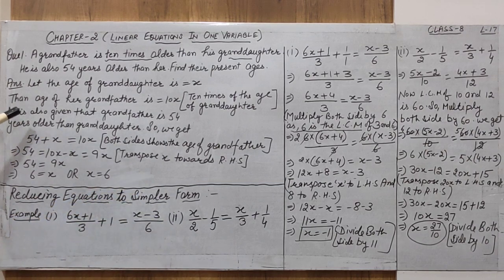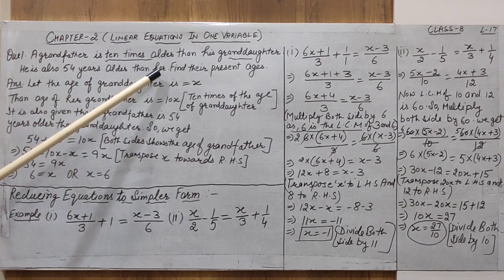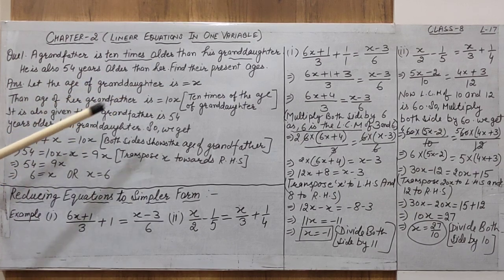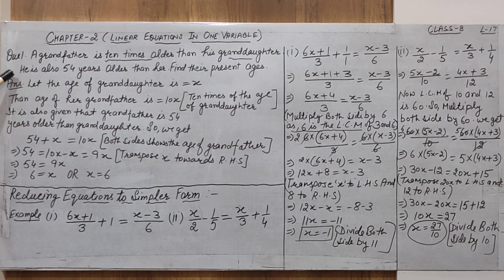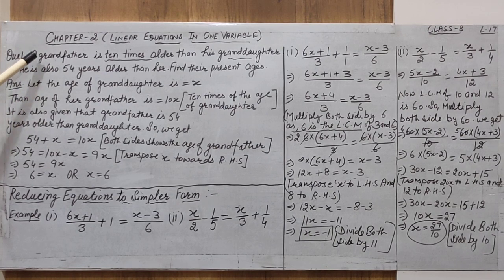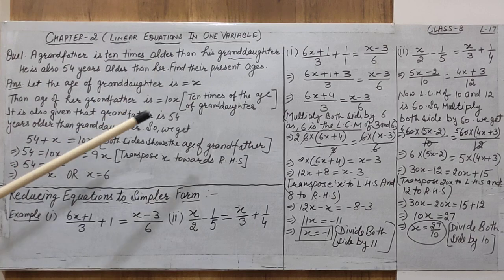Now it is also given, according to the next condition, that he, meaning grandfather, is also 54 years older than her. Her means granddaughter. That is, grandfather is 54 years older than granddaughter. Now both conditions are given related to the grandfather age, with the relation of granddaughter age.